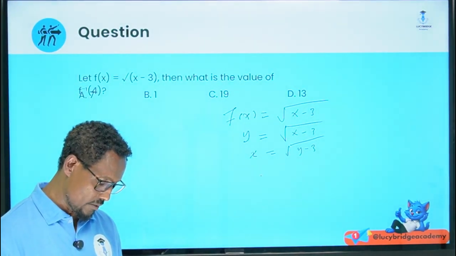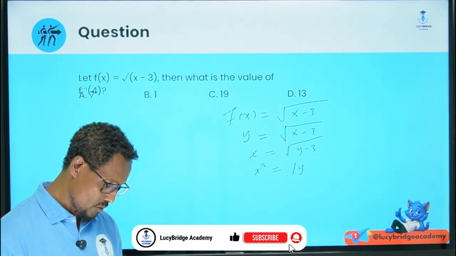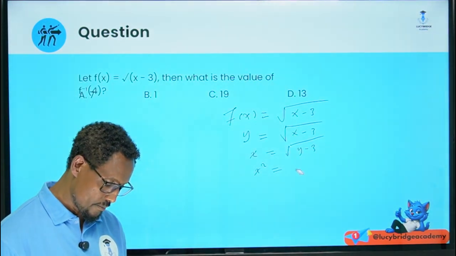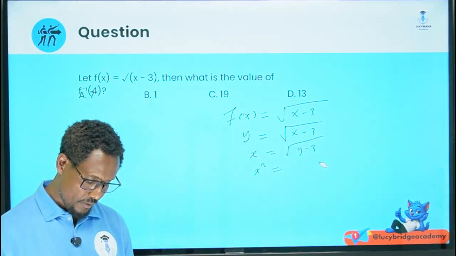Squaring both sides, x square is equal to y minus 3.